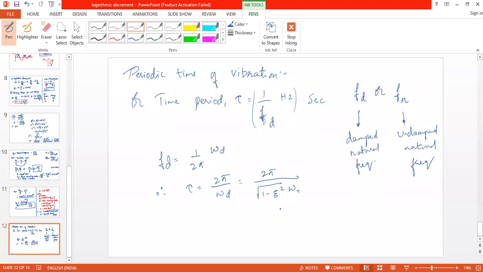Is it clear? Any doubt? So this omega d is equal to root of 1 minus zeta square omega n. This we got while deriving the expression for the displacement of an underdamped vibrating system.